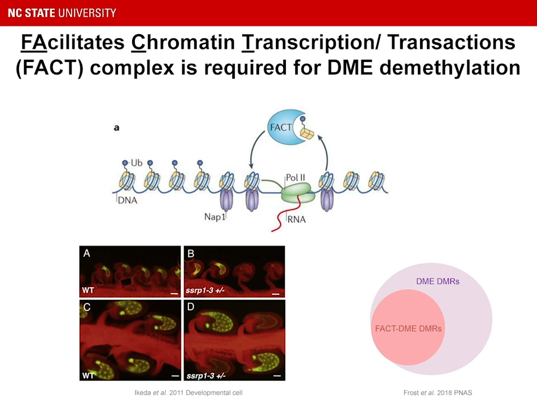But if you have a mutation in one of the components of the complex, then it doesn't turn on the target gene. And then later on, about a year ago, a large-scale genomic study showed that about half of the DEMETER target sites actually require this FACT complex, and they are all in the heterochromatin region.